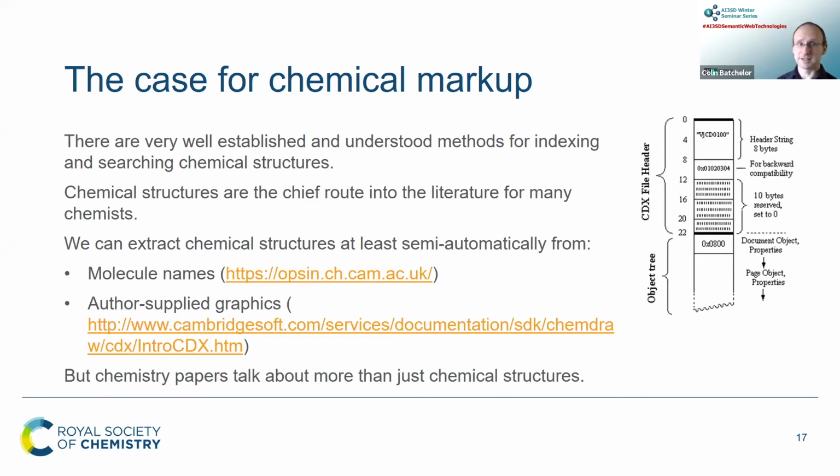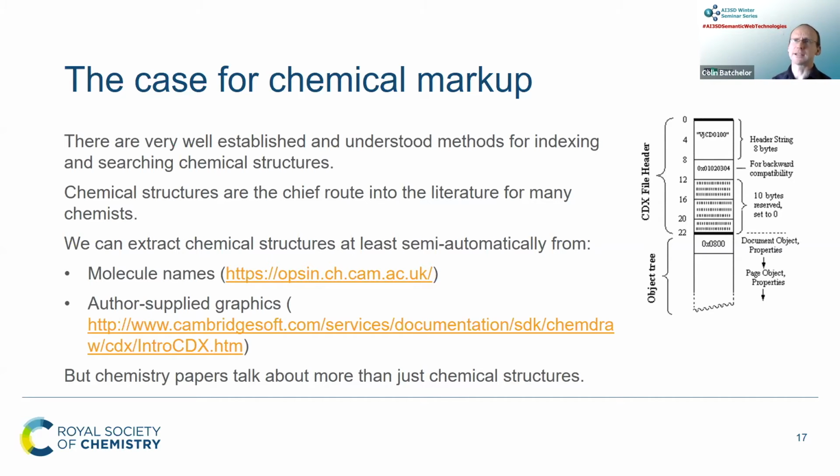Another way that we can extract chemical structures from what authors supply is from ChemDraw files, which might look a bit horrifyingly binary if you're used to such formats as XML and JSON and rather more human readable ones, but turns out to be very well documented.